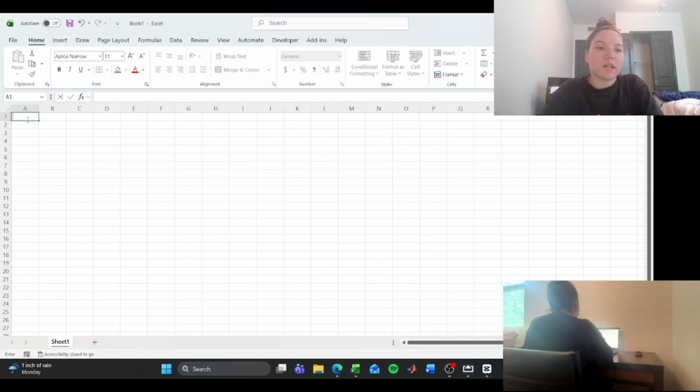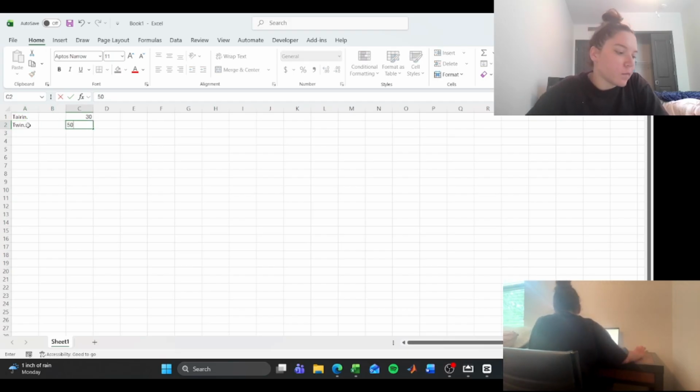Okay, so now that we're in Excel, let's put in some of the variables. So we have the temperature of air going in is at 30 degrees Celsius. And then we have the temperature of water going in, which is 50 degrees Celsius. And then the temperature of water going out is also 50 degrees Celsius.